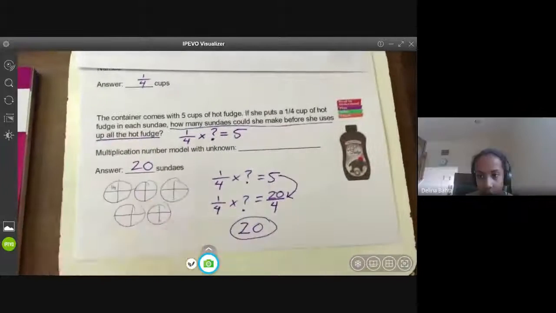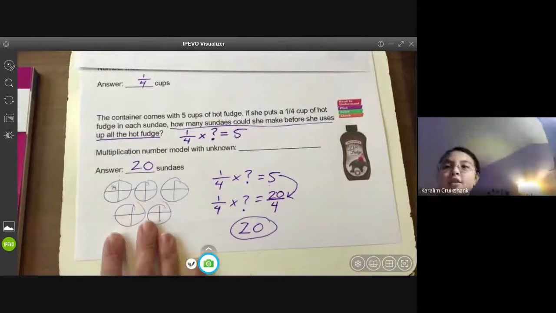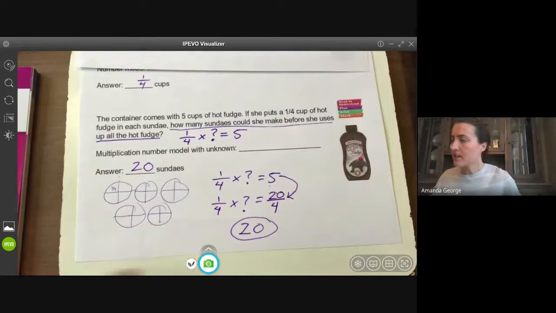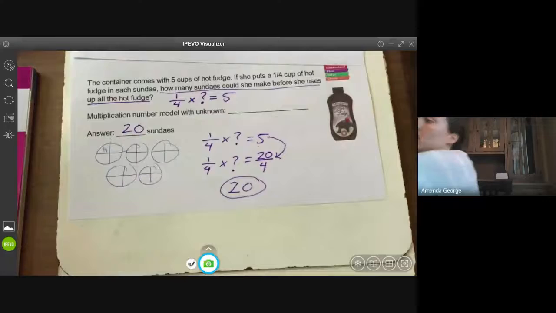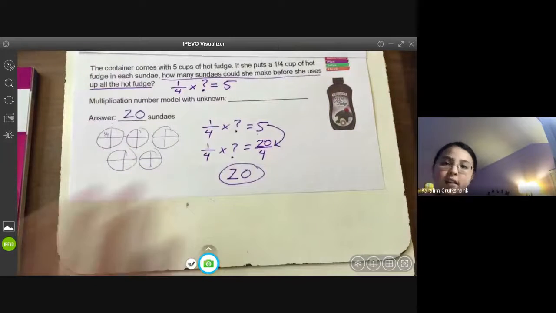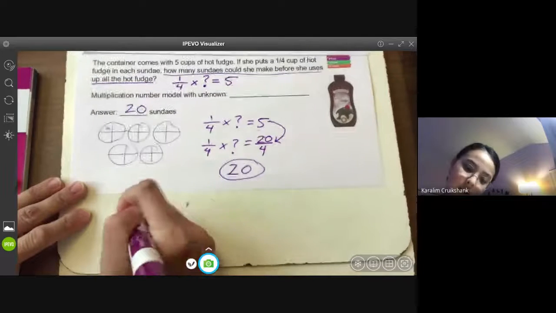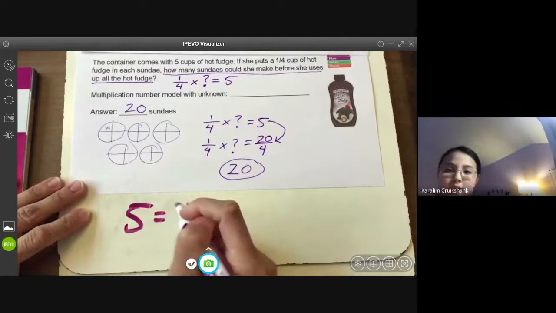That one. So I found another way. Oh, please. Let's hear it. So you also could do 5 equals 1 over 4 times b.